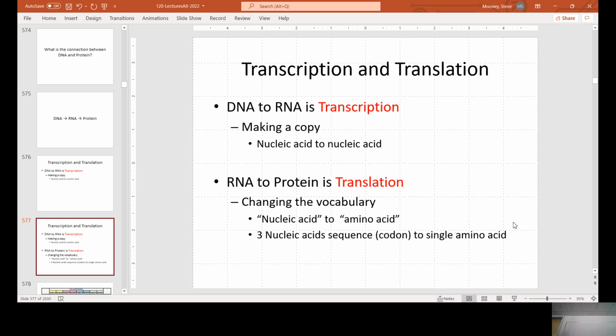And how that's done is we take 3 nucleic acids in a row, which is called a codon. And that codon tells us which amino acid we need to use. So that's how we translate.